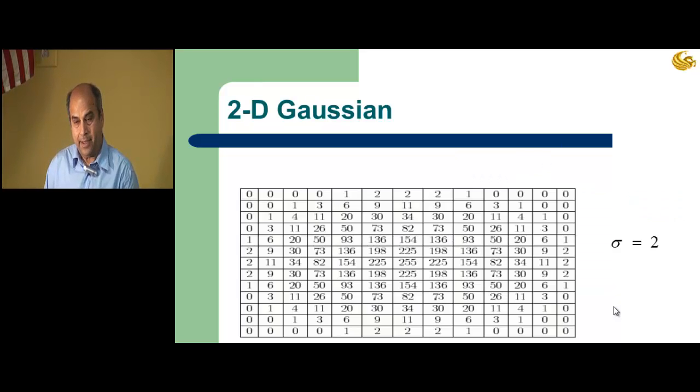And then you can do the same thing, take the value of sigma equal to 2 and do the 2-dimensional Gaussian. You will take different values of x, different values of y, and this is the expression. Again fix the value of sigma, plug in this formula, you will get these values, and you can multiply by some constant, I think here it's 255, and get all integer values.